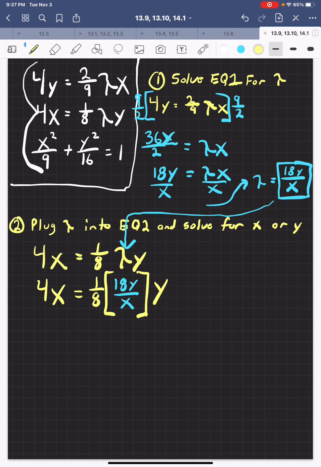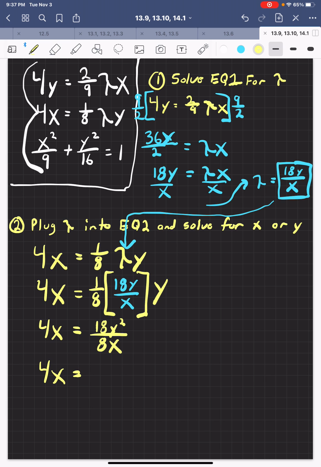So first things first, let's start to simplify these equations. I got 4x is equal to, I'll go ahead and write this as 18y squared over 8x, if we multiply all that out. And of course, 18 and 8 share some common factors.